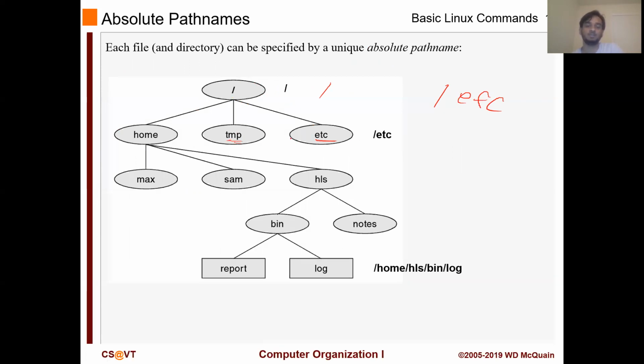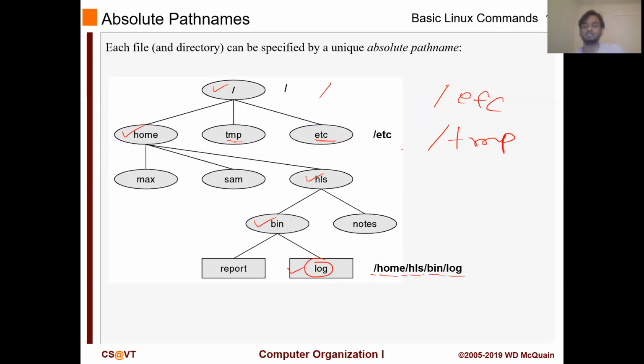For example, if you want to come to tmp, it's going to be slash tmp. For example, you want to go to this log file. It's going to be slash home, slash HLS, slash bin, slash log.